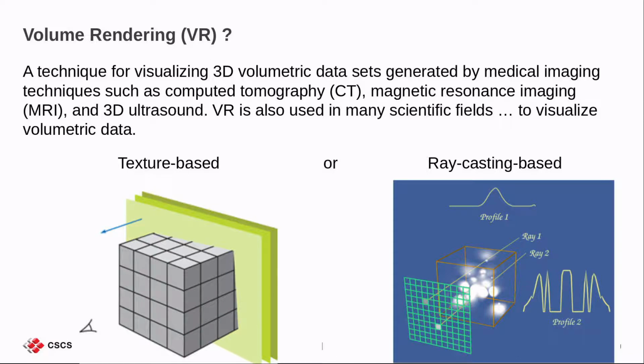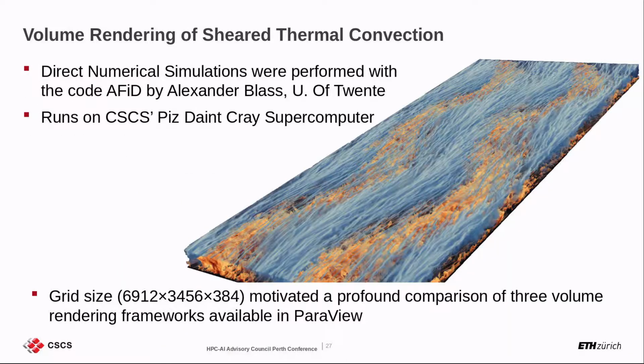One of them is with a texture-based technique, slicing our volume of data with multiple slices which are accumulated and composed, or else with raycasting, again, going for each pixel on my screen, going into the model and looking at the data. And you'll see the video, you'll understand immediately the idea.